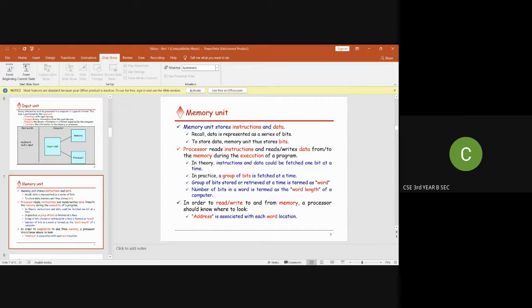In order to read or write data from or to the memory, the memory system stores all the information, and all this information could be accessed through an address. For each location in the memory system, we have an address to specify this location. Based on this address only, we access the information.